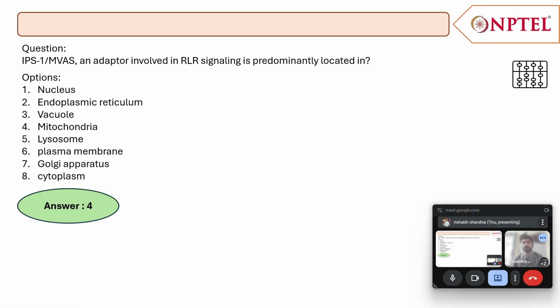Okay, because it activates mitochondrial associated inflammatory response and cell death. Okay, so the MAVS and IPS are located on the mitochondria. Okay, so let's move on to the next question.